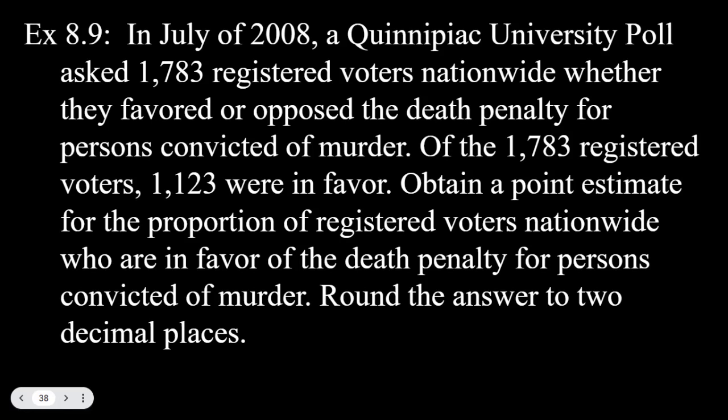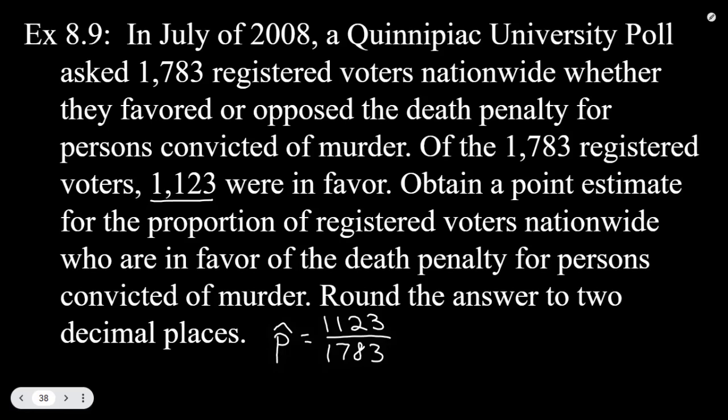So for this question, our point estimate, p hat, is just going to be the people who had the characteristic that they were in favor of that, 1,123, divided by the total number surveyed, 1,783.